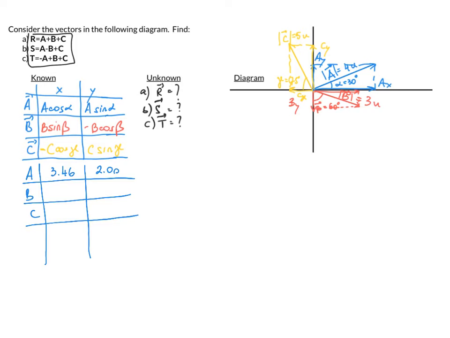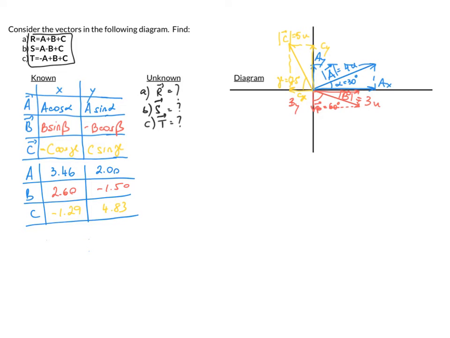B will be 2.6 and negative 1.5, and C is negative 1.29 and 4.83. Let's make a little bit of room here.